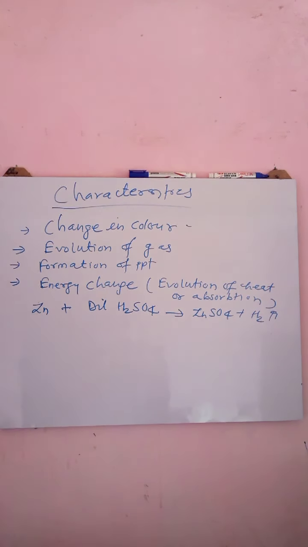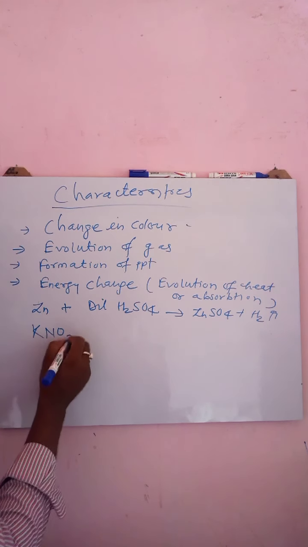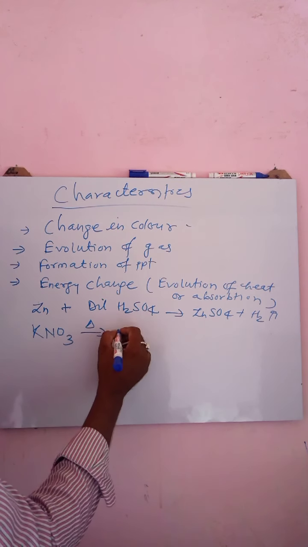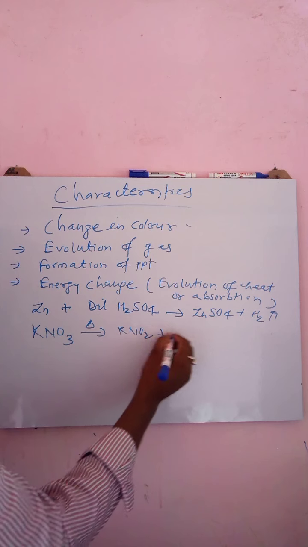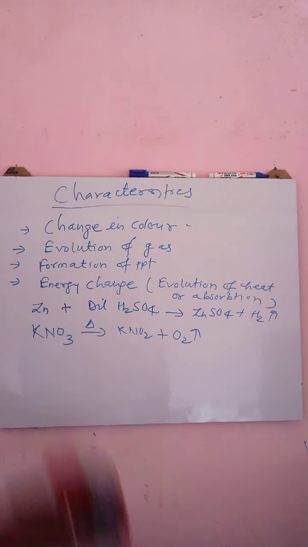This chemical reaction is characterized by evolution of hydrogen gas. Right? KNO3, when heated strongly, forms KNO2 plus oxygen gas. So some chemical reactions are characterized by evolution of gas, and I have given you examples.